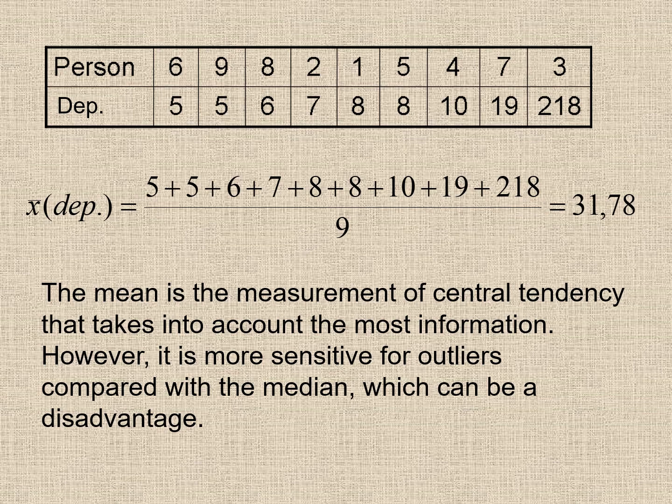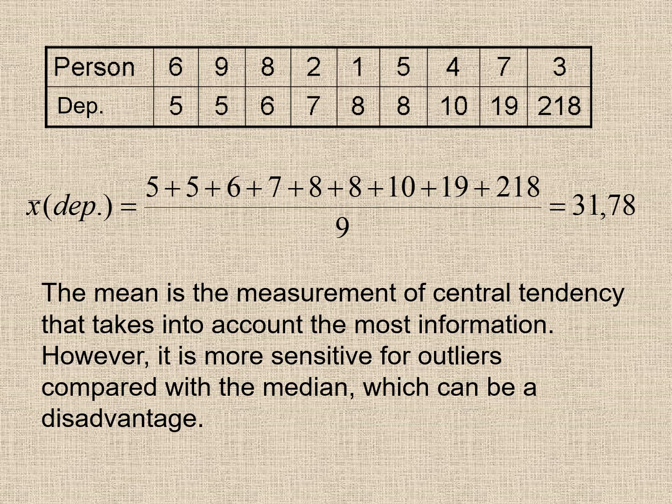So in this example, we see that 31.78. So could we consider that to be a good summarizing descriptive value for how it looks like on depression in this group of 9 individuals? Well, maybe not. This mean, 32, is higher than 8 of the 9 values.